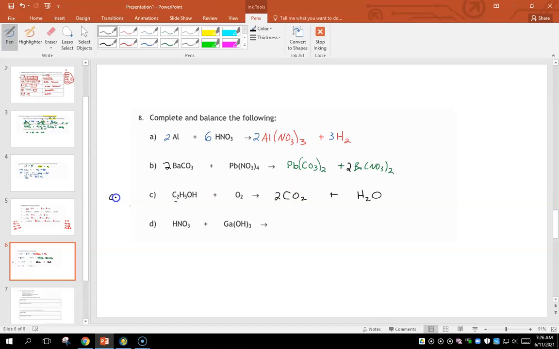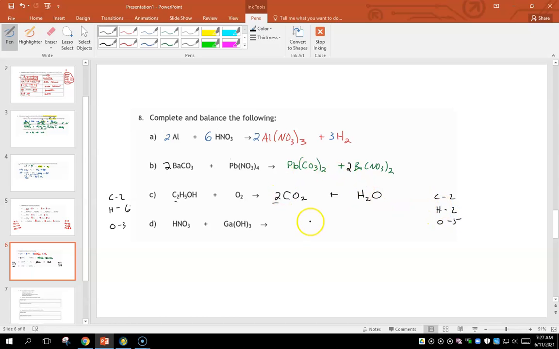Actually, let's write this out first. I got 2 carbons. Hydrogens, I have 5, 6. And oxygens, I have 2, 3. So 2 carbons, 6 hydrogens, 3 oxygens on this side, as it's written right now. Now, by putting a 2 there, that gave me 2 carbons, 2, 4, 5 oxygens, and the way it's written right now is 2 hydrogens.